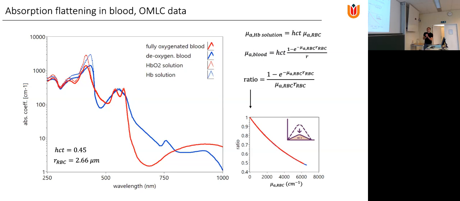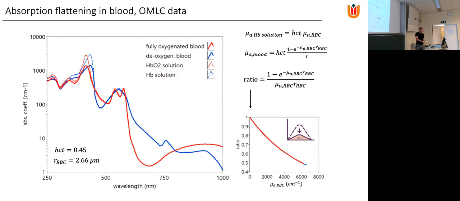Okay, what you now get is this calculation. The solid lines here are using this flattening effect from the previous slide, and the dotted lines are the results we started out with that were also on the website.